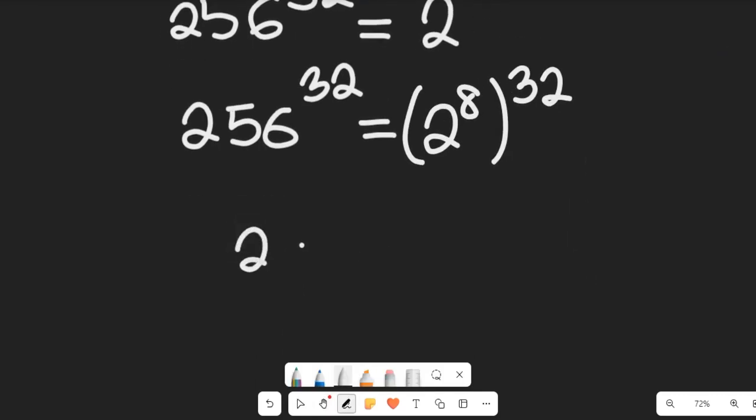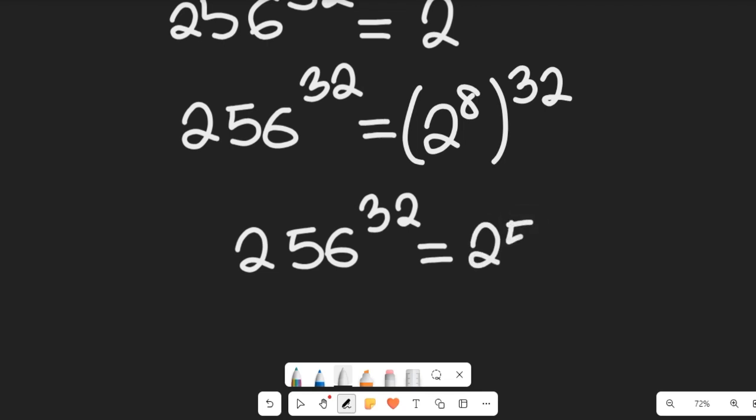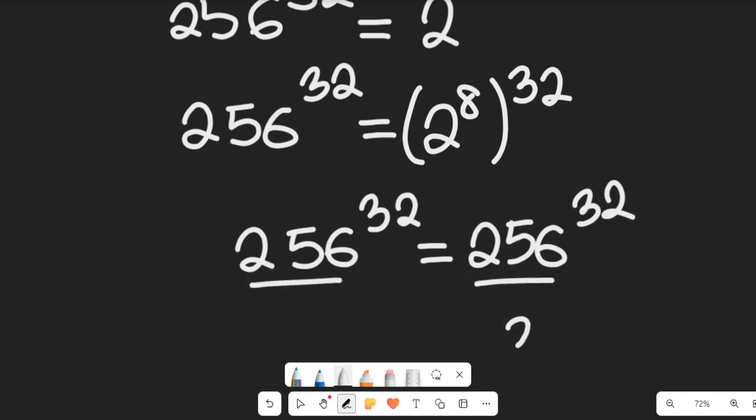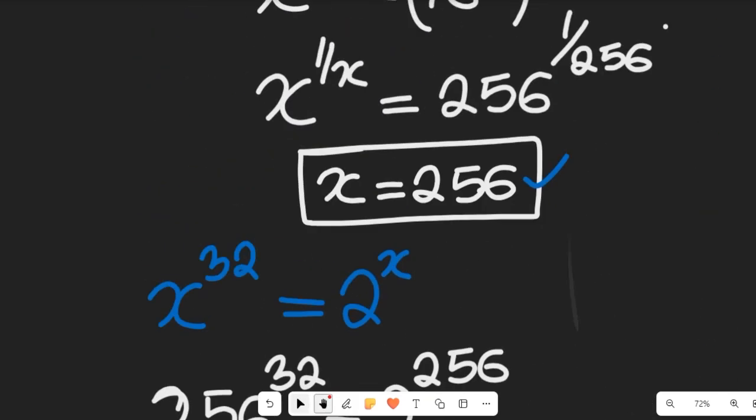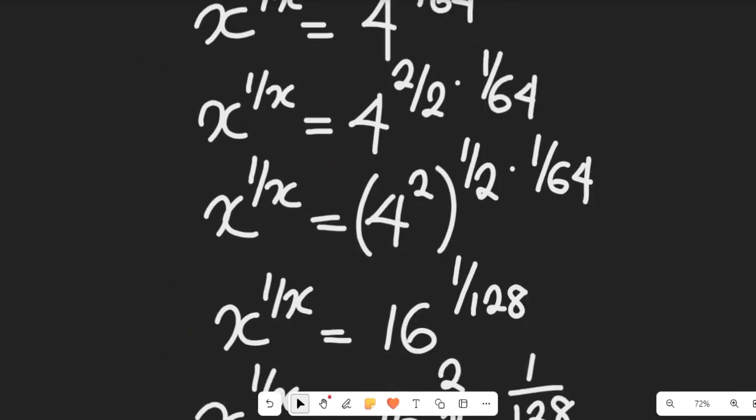So we'll have 256 to the power of 32 equal to 256 to the power of 32. Since this is equal to this, that tells us that our x equal to 256 is a solution that satisfies the exponential equation given to us up there.